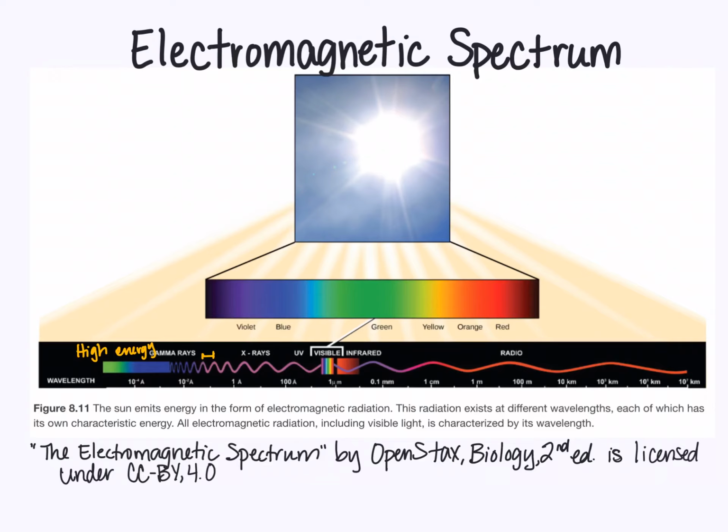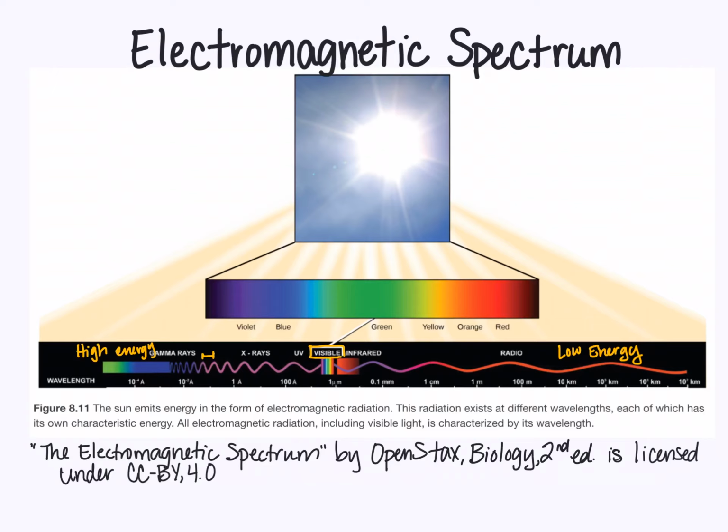On the other end, we have really low energy waves, such as radio waves, which pass through you and around your house all the time without there being any negative effects. And a very small area of the electromagnetic spectrum includes this visible light here. As humans, we are limited in what we can see.